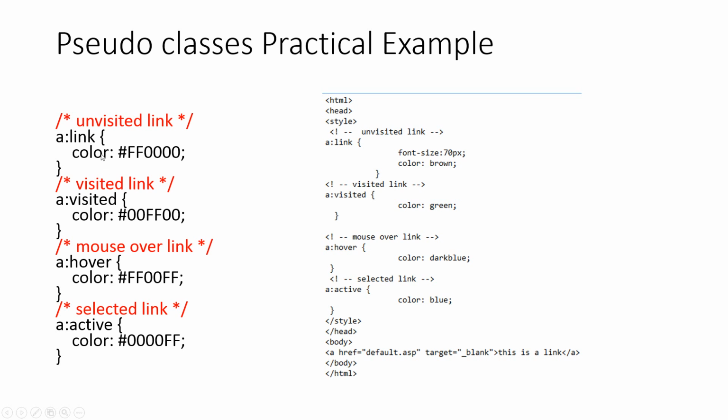For each pseudo class you should write properties separately. If you write properties for the link pseudo class, you write curly brackets separately for link, and separate curly brackets for visited, for hover, and for active.